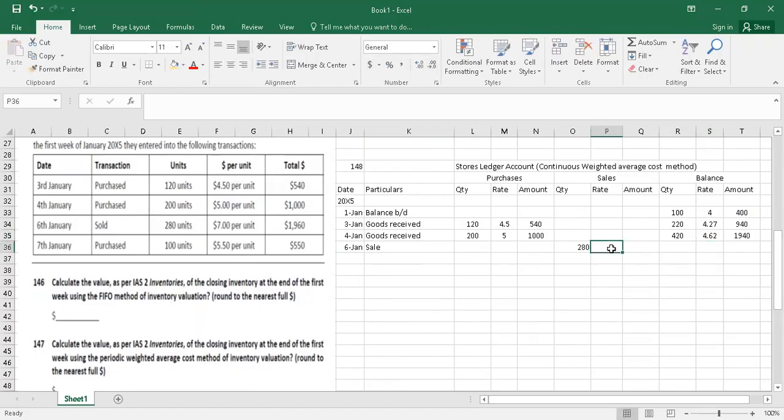So charge it at 4.62. So the balance is out of 420, 280 is issued out. So 140 is the balance. The price is 4.62, which is charged, and the balance of it.